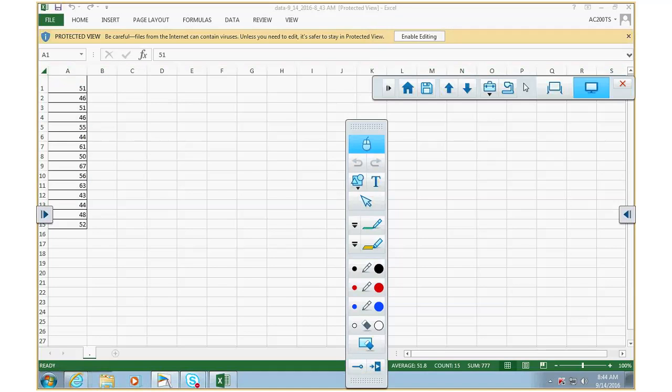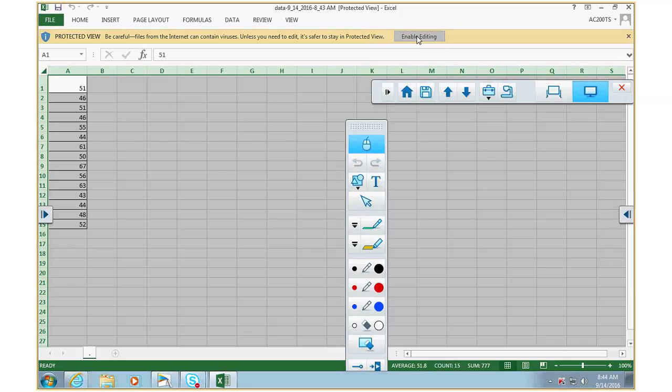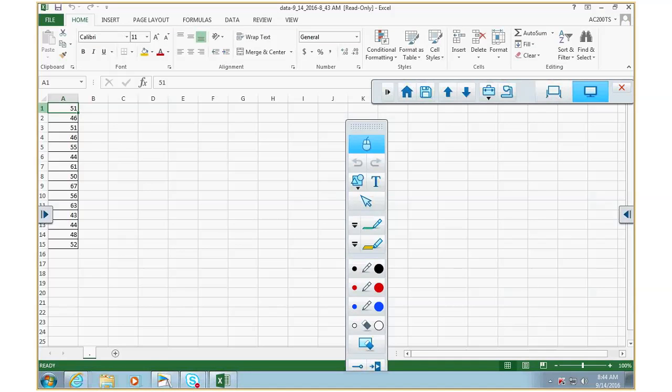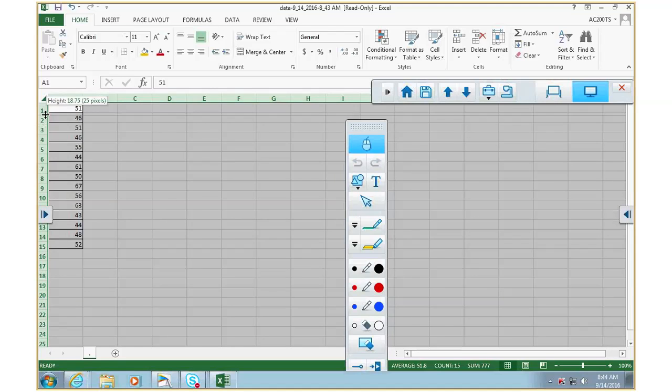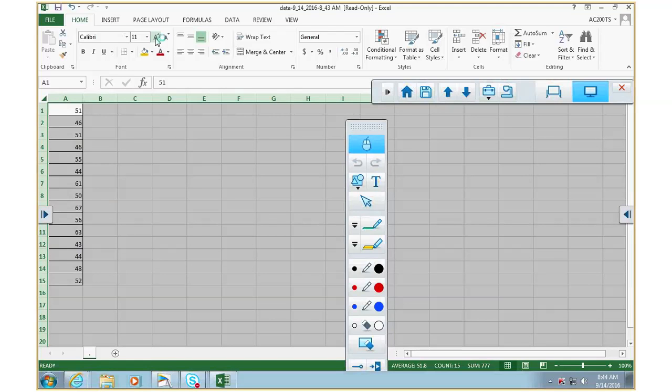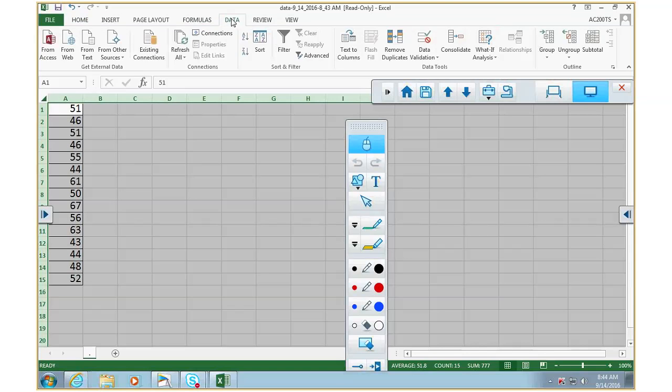Oh, I hate that button. There you go. And let's go ahead and put it in order. Oops. Data. There you go.